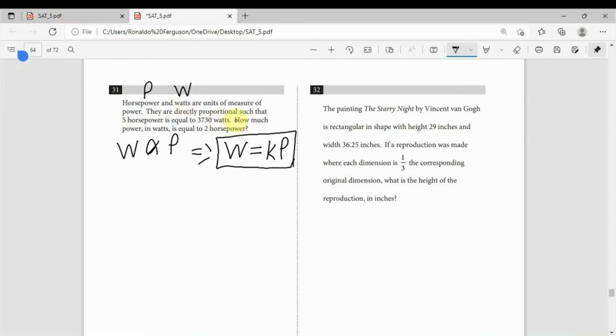Now notice they say that when the horsepower is 5, so when P is 5, W is 3730.